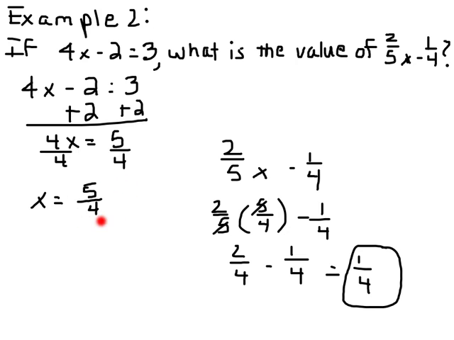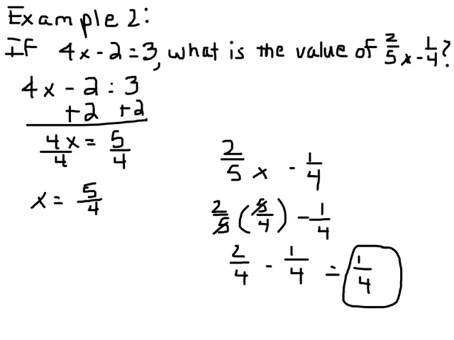And we're just going to leave that as 5/4 right now, okay? We're going to put it in the place of this x in parentheses again because they're going to multiply. So 2/5 times 5/4, well, you see here we can cross cancel.